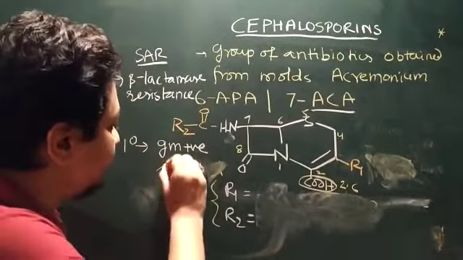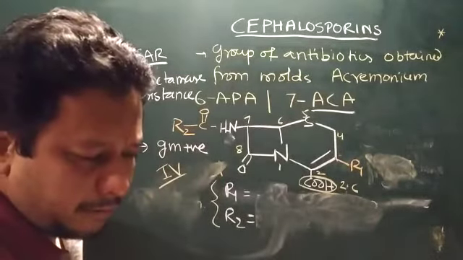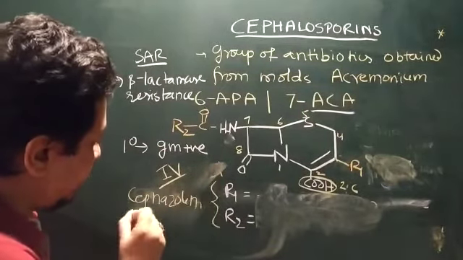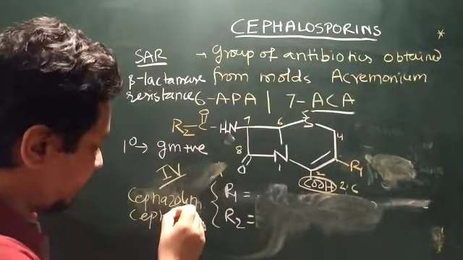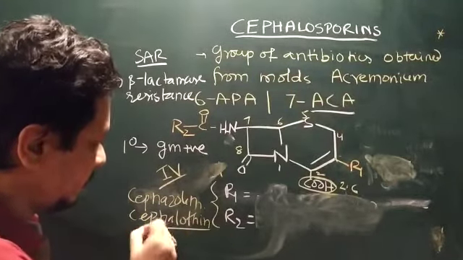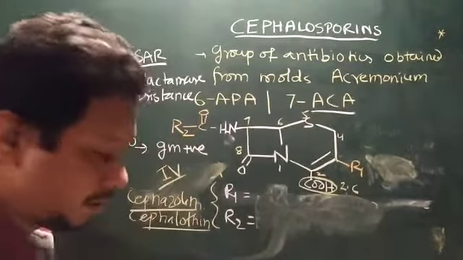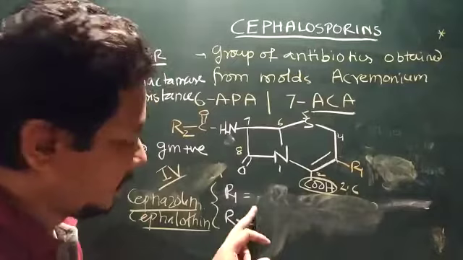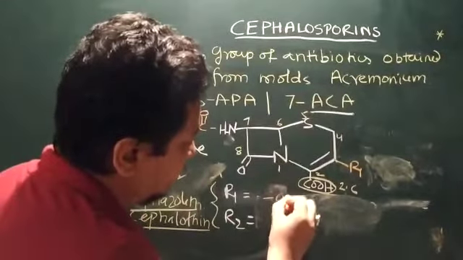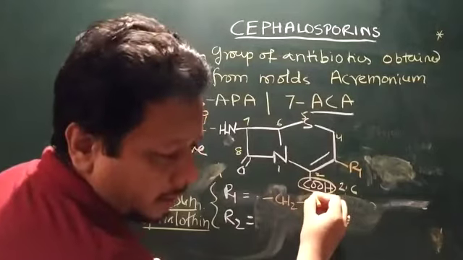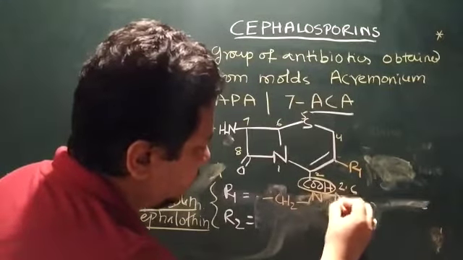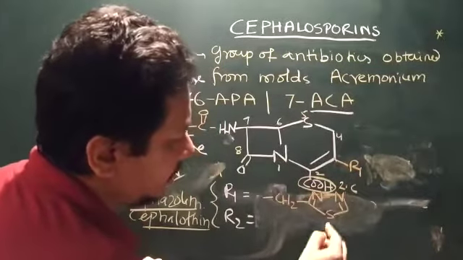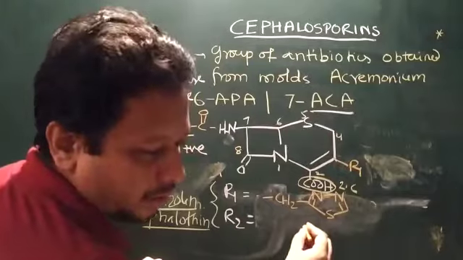Similarly, we have IV cephalosporins. The first example is cefazolin, and cefalothin. The cefazolin structure is when R1 has the CH2 and a heterocyclic ring with 2 nitrogen, 1 sulfur, a thiadiazole ring.